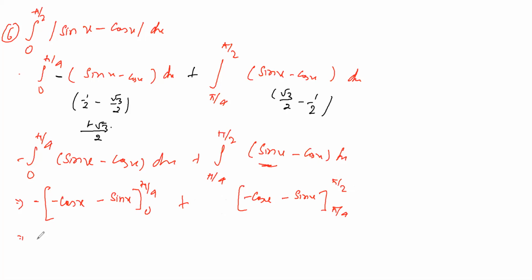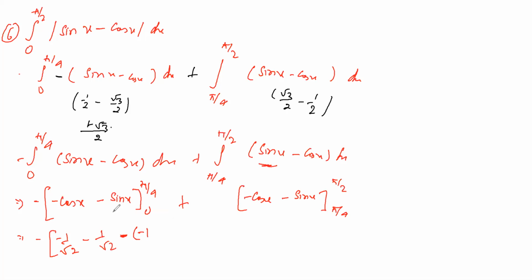Now see here, keep the minus outside. Now here it is minus 1 by root 2, because pi by 4 I'm going to put, again minus 1 by root 2. Now 0 I'm going to put. Now here, cos 0 we know is 1. So because of this minus it becomes minus 1 here.